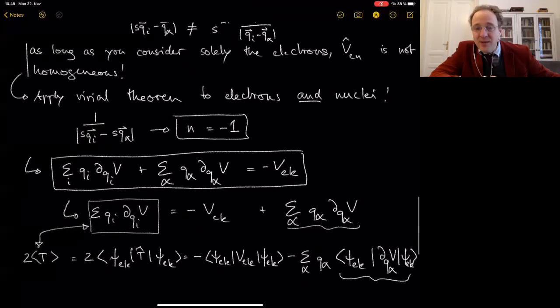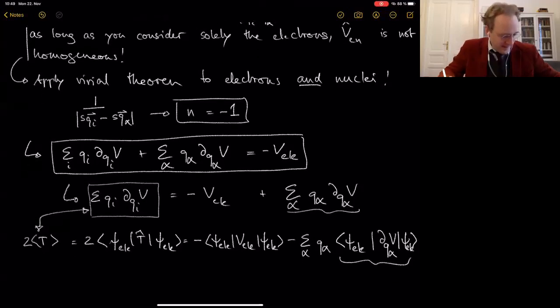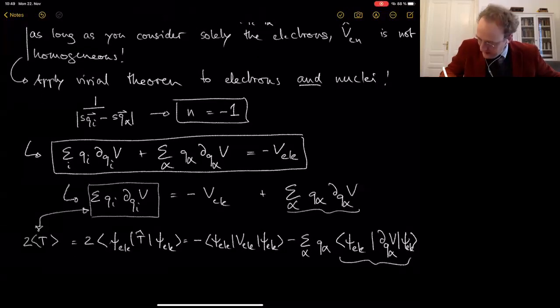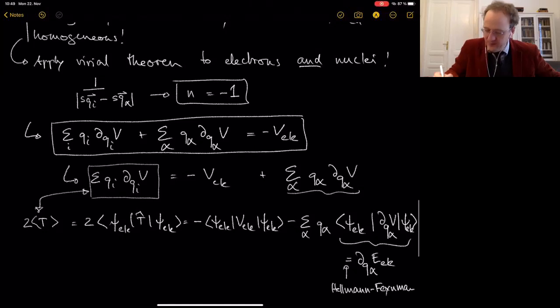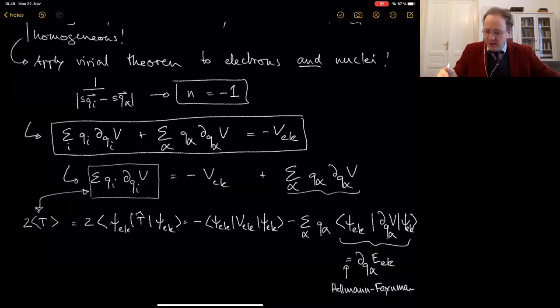And that's something we discussed already. You can use the Hellmann-Feynman theorem, and so this is nothing else than dQ alpha E Euler, by virtue of the Hellmann-Feynman theorem. So in other words, that's just the force on your atom.